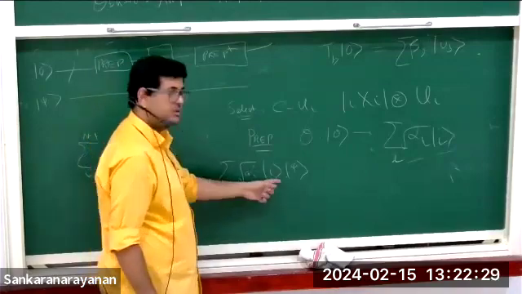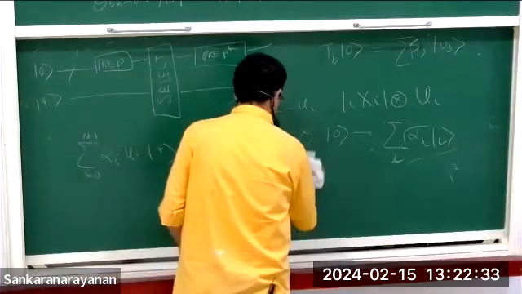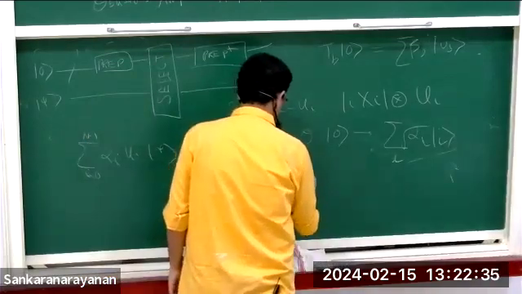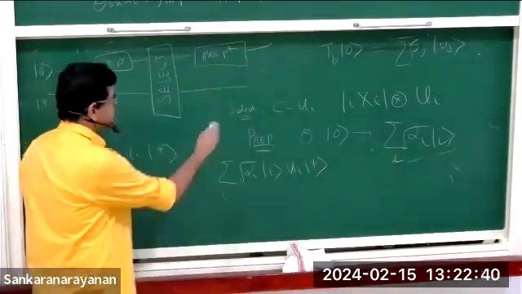Then, because I'm applying the U_i operator on this, I get |i> U_i|psi>. The prep dagger is basically nothing but the summation of alpha_k <k|.